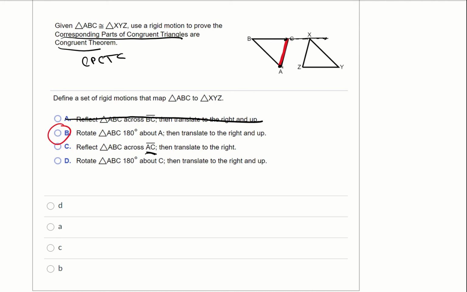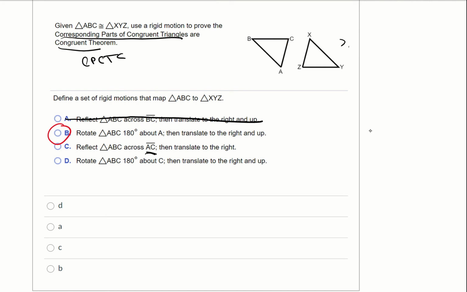Oops, that's wrong, I didn't mean to do that. So this is going to be reflected here. And so we have something that looks like this. Okay, it's a mirror image on the other side. And clearly that doesn't line up, because we shifted to the right, it's not going to line up.